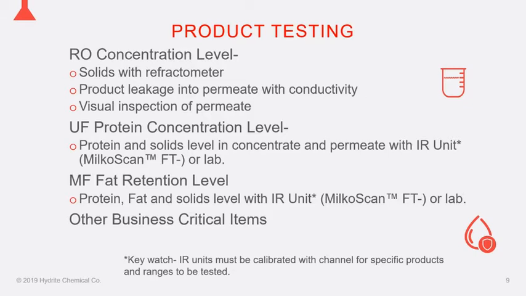You walking by as an operator or as an account manager, walking by these pieces of equipment, do some visual inspections of the permeate, see if you've got some discolorations or leakers. And they'll all be checking protein levels. There are various instrumentations out there. Most of them are using IR or an FT type system, as well as measuring fat and protein in WPC or WPI, those kinds of things.